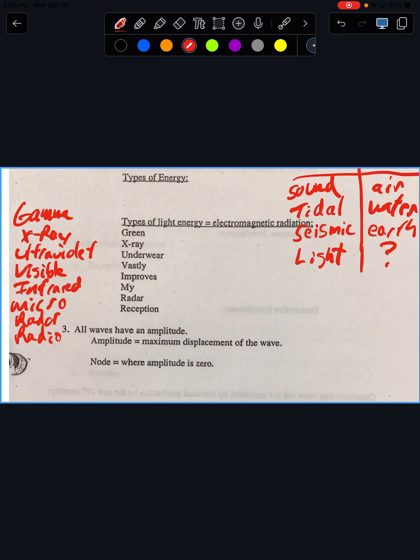What's the third one? Ultraviolet. What does it say after micro? Radar. What's above micro? Infrared.